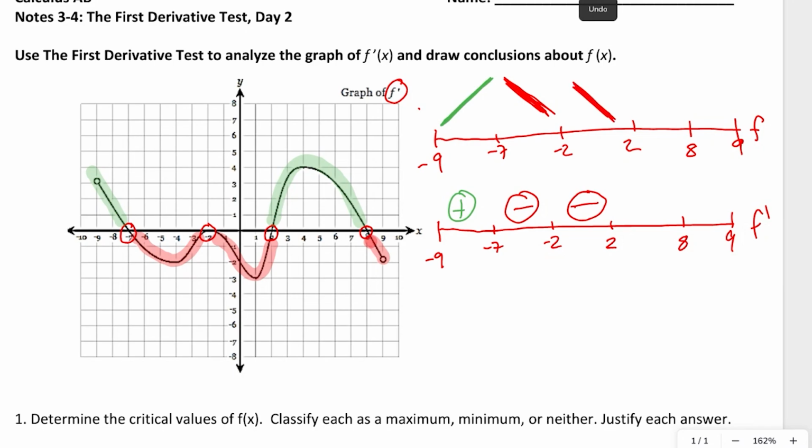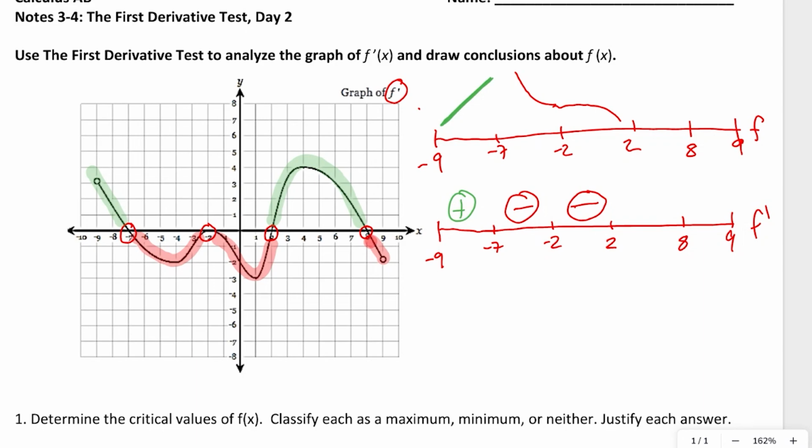And so what's probably happening at -2 is we've got this bendy behavior, kind of like y = x cubed, where the graph, maybe if I try to connect these, has a negative slope, flattens out so that the slope is 0, but then goes back to being negative. Right.